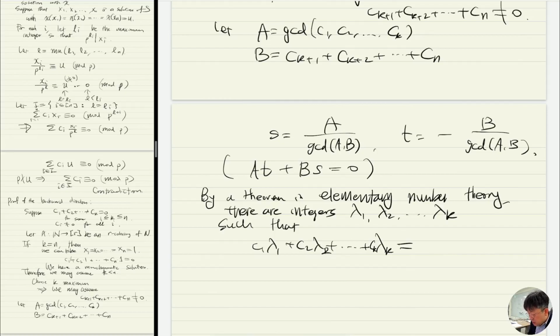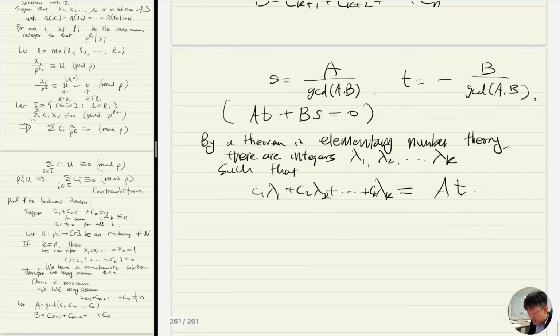So let me create a times t. Right? This is because a is the GCD of these numbers.